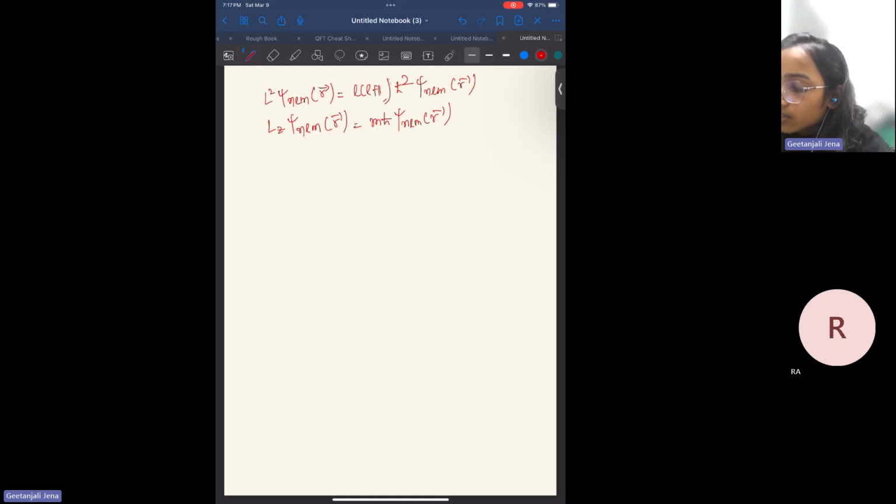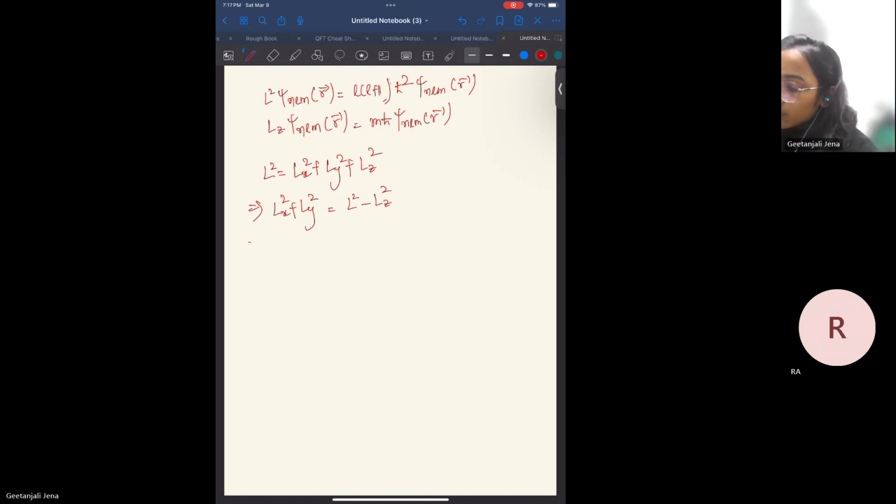So what you have to do is, you know that L square is Lx square plus Ly square plus Lz square. That means Lx square plus Ly square will be L square minus Lz square, right? So instead of calculating the expectation value of Lx square, Ly square, what we can do, you can calculate the expectation value of L square and Lz square because they are equal.